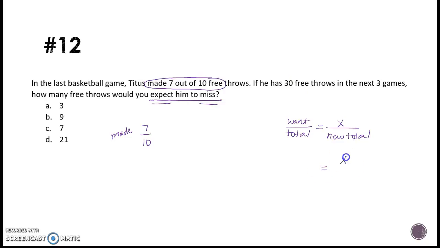So I know that I'm going to put x out of 30. So am I using my 7 out of 10? Let's see. How many would you expect him to miss? Okay, he made 7. So he missed 3 out of the 10 shots. So that is what we're looking for. So that is the probability we'll use to find out how many we expect.